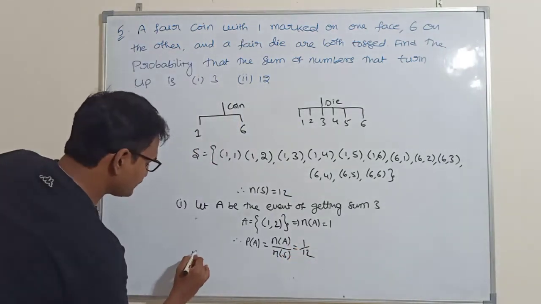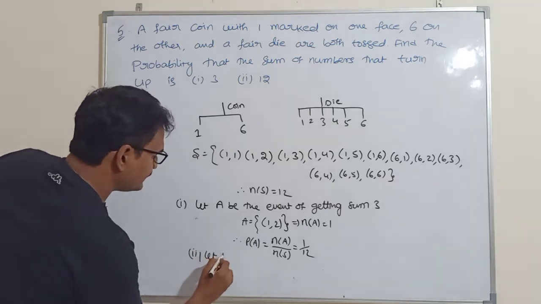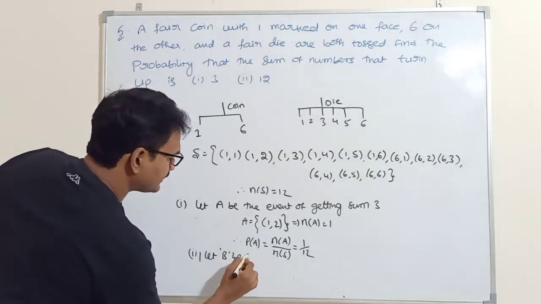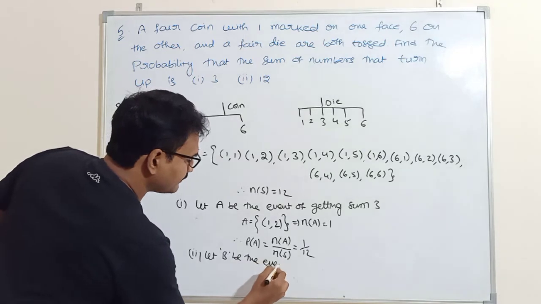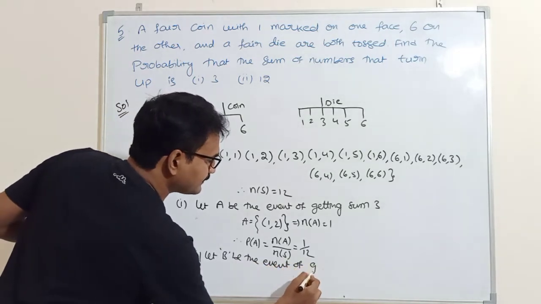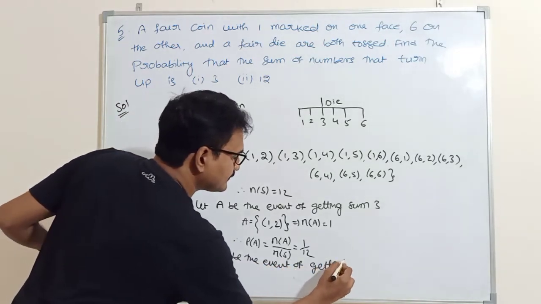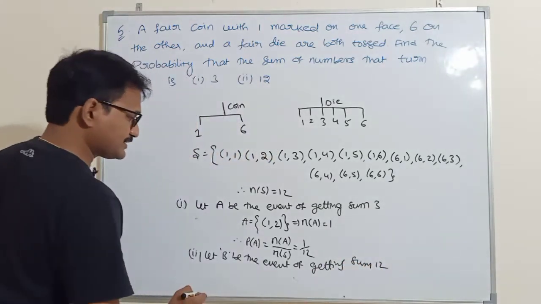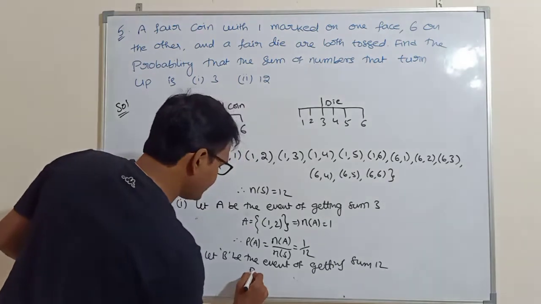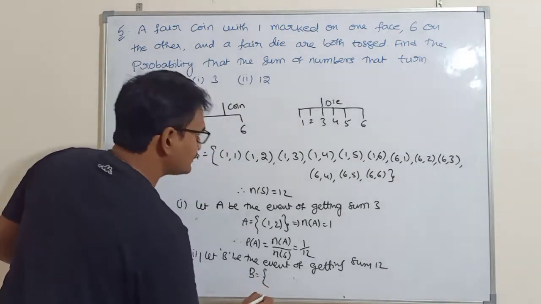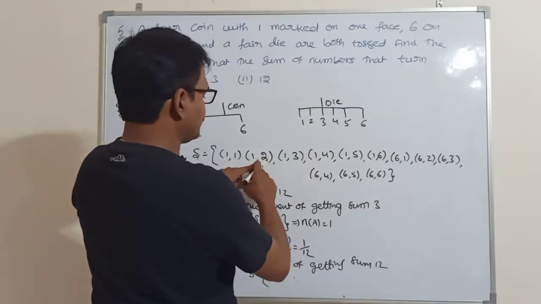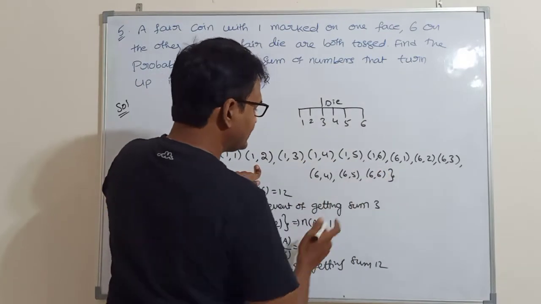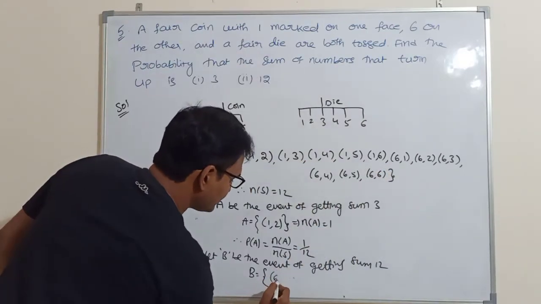Similarly, second question. Let B be the event of getting sum 12. Therefore, what is event B? Getting sum 12 means 1 plus 1 is 2, 1 plus 2 is 3, like this. If you add 6 and 6, only then you will get 12.